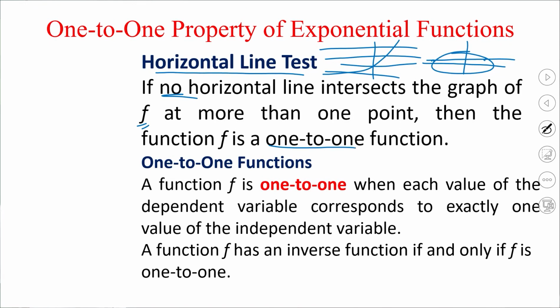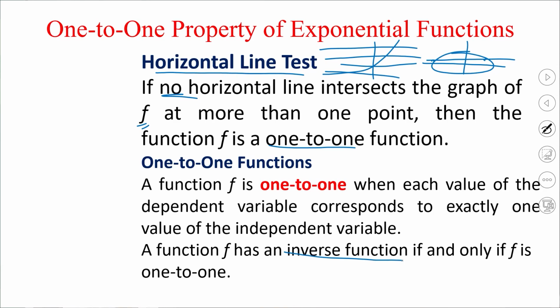So what will happen if the function happens to be one-to-one? A function f is one-to-one when each value of the dependent variable corresponds to exactly one value of the independent variable. That is, if it obeys the horizontal line test, then the function has an inverse function.